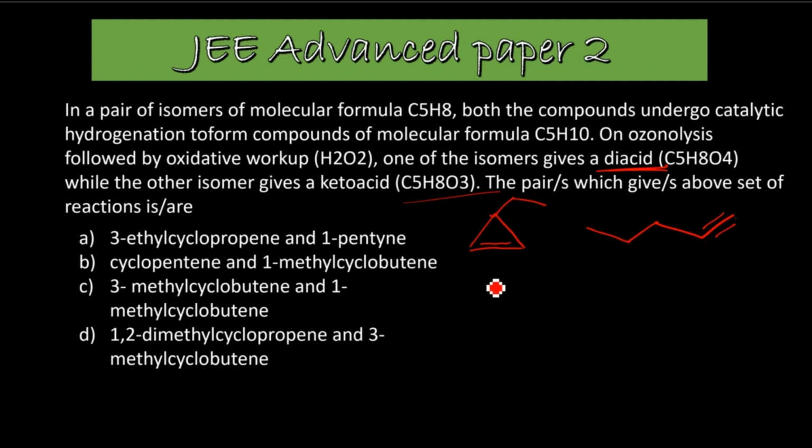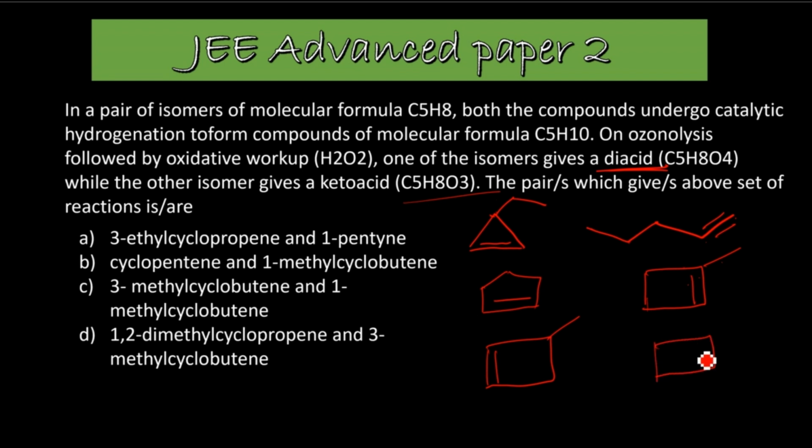Then option B, cyclopentene and 1-methyl cyclobutene. Then 3-methyl cyclobutene, 1-methyl cyclobutene. Okay. 2-methyl cyclopropene, 1,2-dimethyl cyclopropene, 3-methyl cyclobutene.